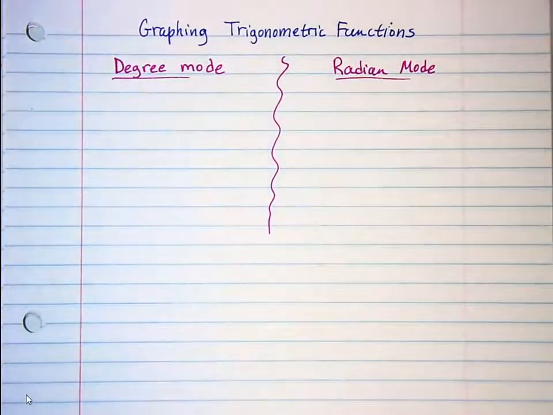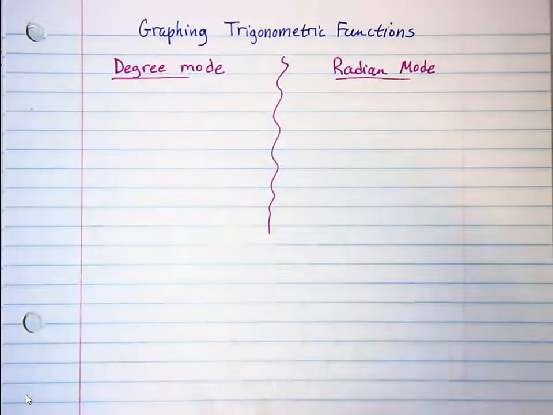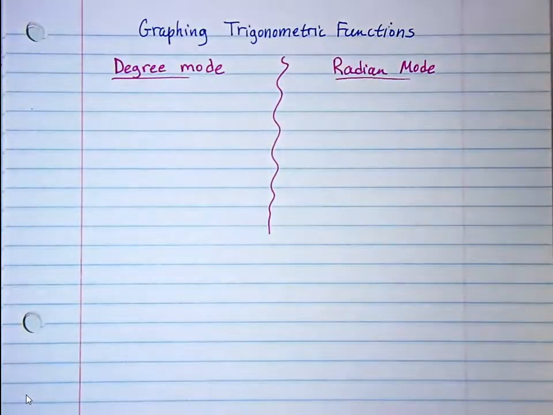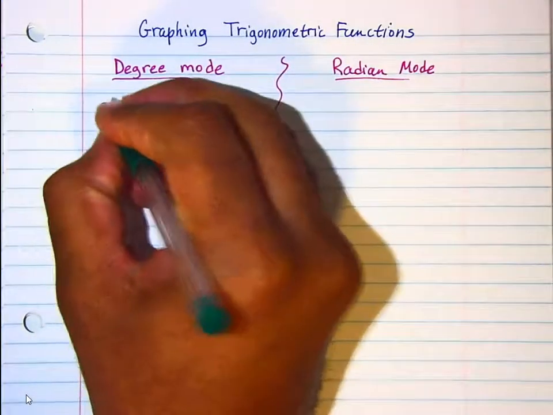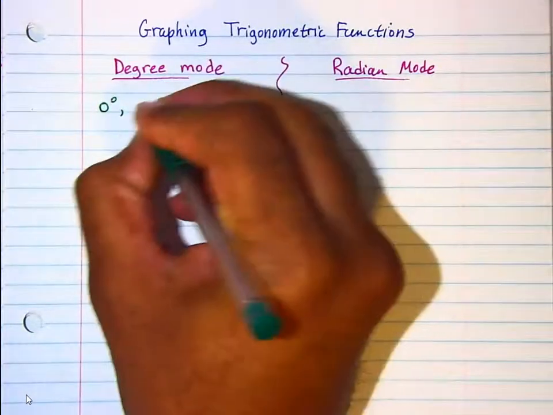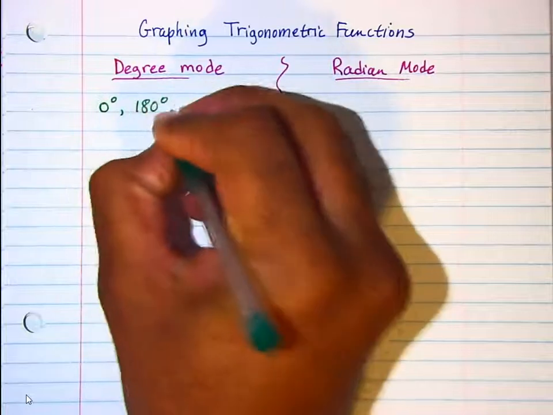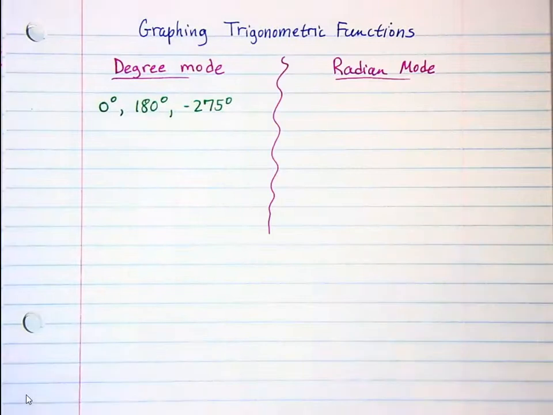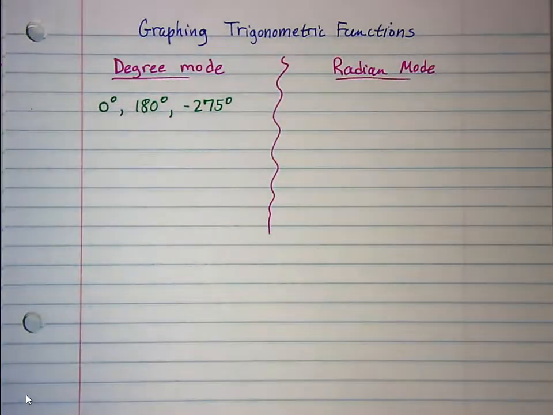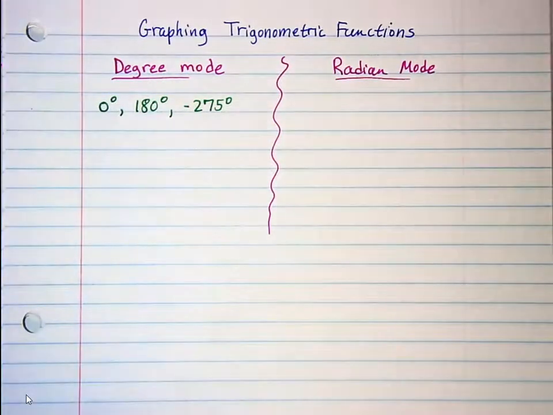So first off, degree mode. You'll see numbers like 0 degrees, or something like 180 degrees, or negative 275 degrees. So it could be any number. It could be 1 degree. It could be 75. It could be 2 million degrees. Pretty much that'll be degree mode.